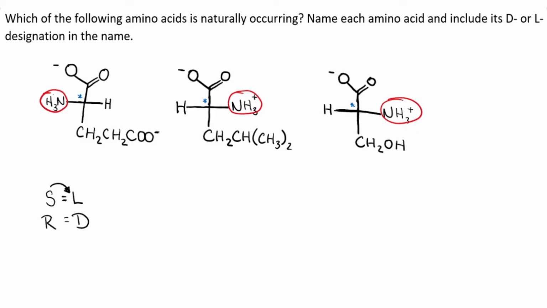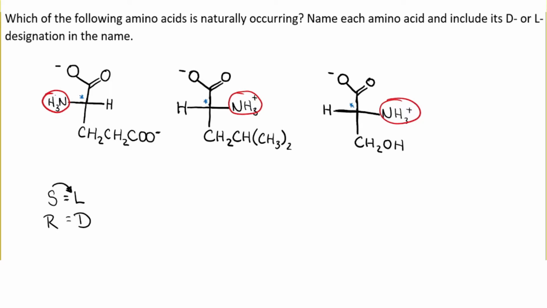Especially if this is in Fischer projection, you need to make sure that your carboxylic group is on the top and your R group is on the bottom. Then you can use this easy way to remember how to assign L or D designations to your amino acids. If the nitrogen group, or the amine group, is on the left side of the chiral center, then it will be L.